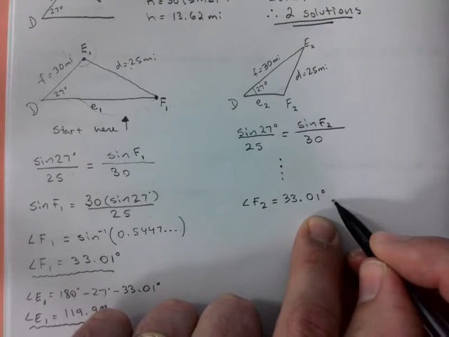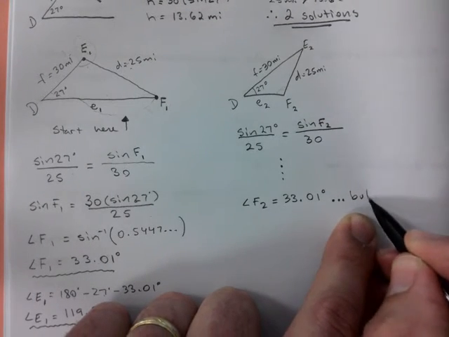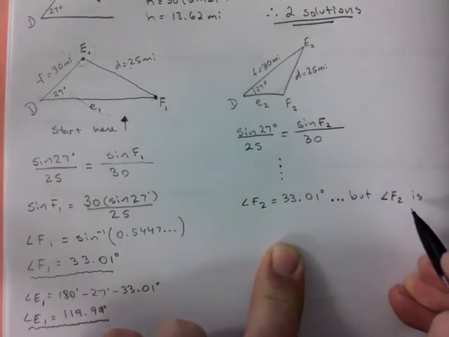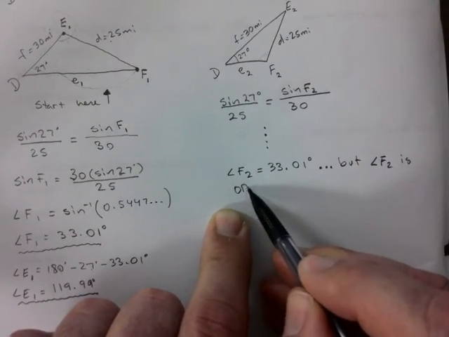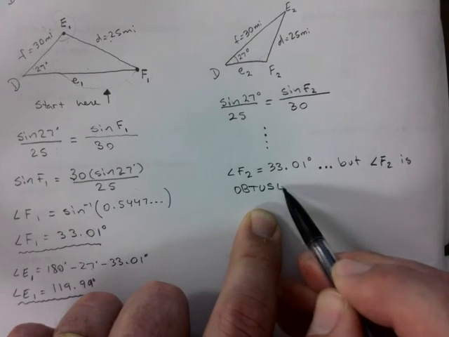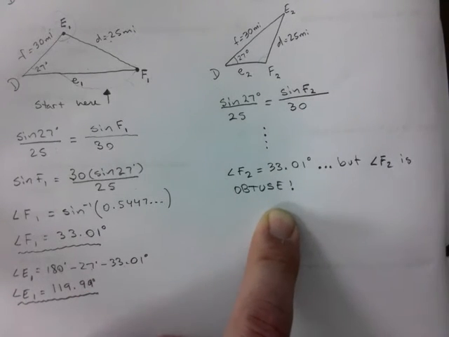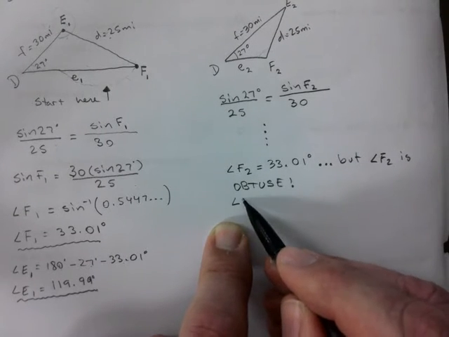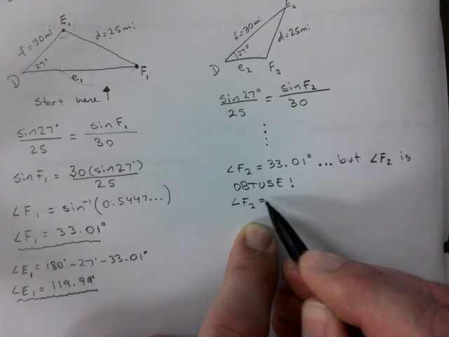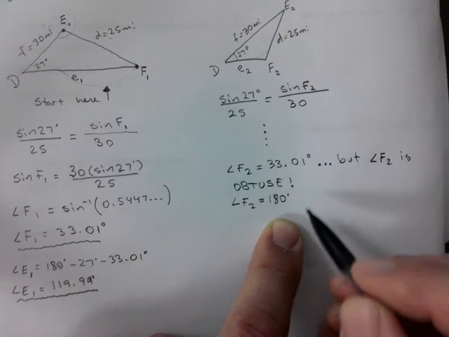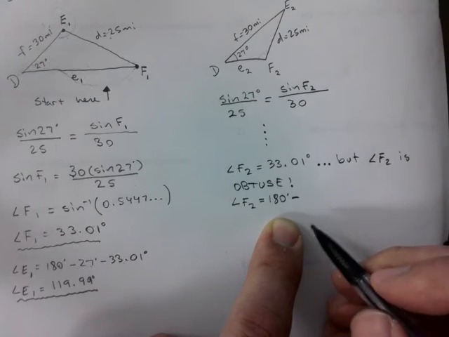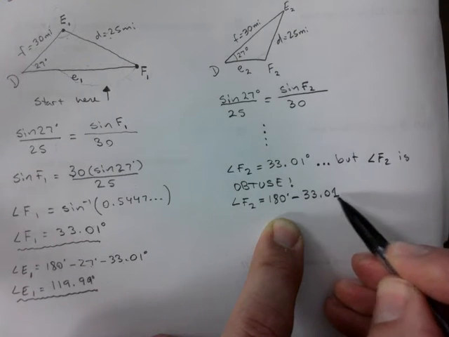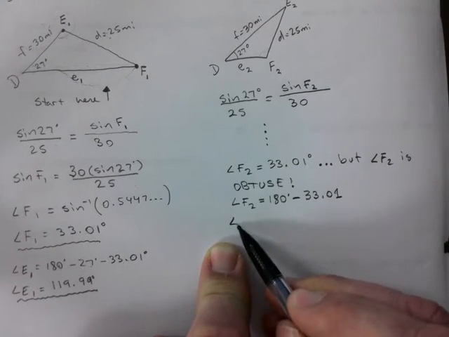So I will go, but angle F2 is obtuse. So that's where you have to watch out. Okay, so angle F2 is really 180 minus 33.01.